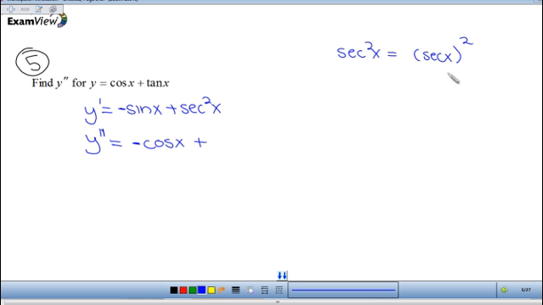So we're going to use the chain rule. The derivative here is going to be 2, everything on the inside stays the same, subtract 1, times the derivative of the inside. And the derivative of secant of x is secant of x times tangent of x. So we're going to have 2 secant x times secant x tangent x.